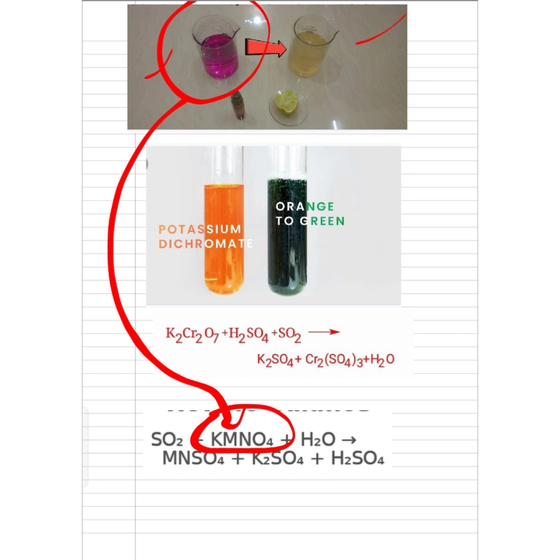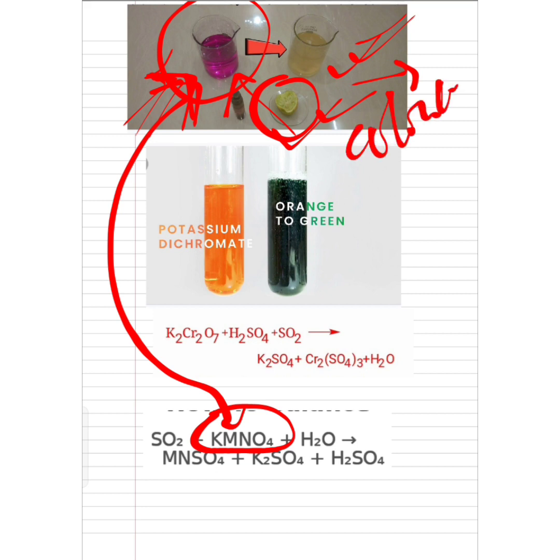Now when we take 1 to 2 crystals of potassium permanganate into this beaker containing water, it will give a purple color. Now when we squeeze this lemon into this purple color solution, at first it turns to yellow. Then it will get converted to colorless. So on adding lemon juice into KMnO4 or potassium permanganate, it turns colorless.